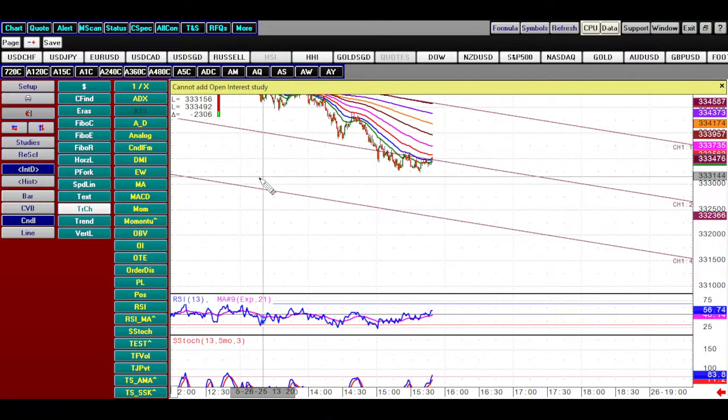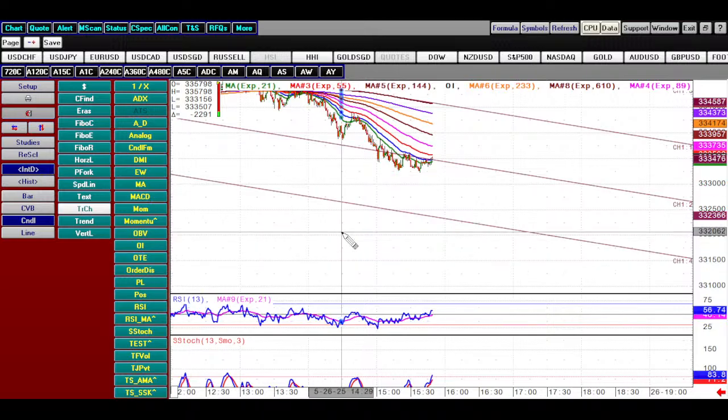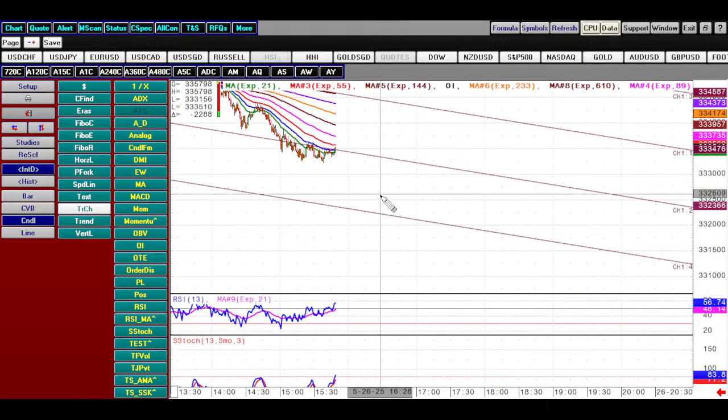Okay, open interest, I don't think it works for forex, because basically open interest is mainly for futures. So the only thing is we can't play the game with the volume.